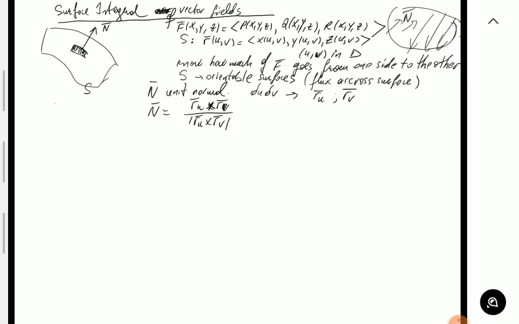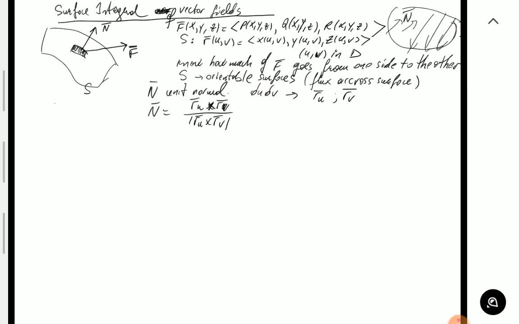Let's say around this point where the patch is actually computed, the vector field goes like this. Notice that in general, only a component of the vector field F will be straight across the surface, across the normal.